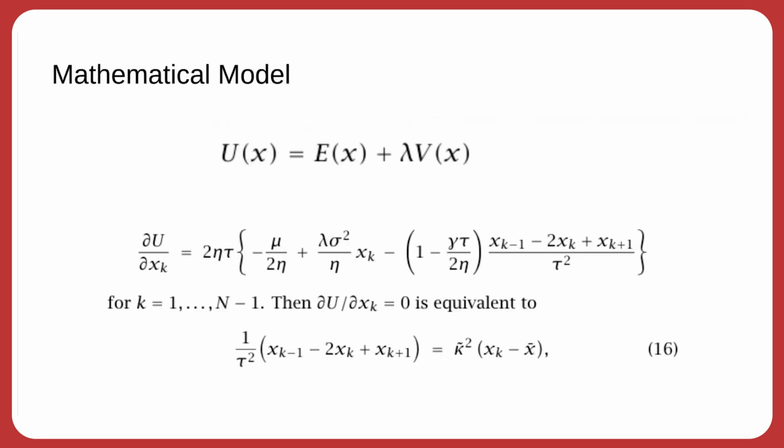Now the paper, if you have actually looked at it, is quite mathematical. What they do is define a utility function, u of x, which is basically the function we would like to minimize. And when you do this, you can formulate this stochastic differential equation, which looks quite daunting.